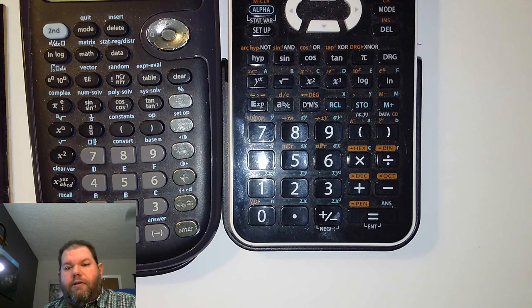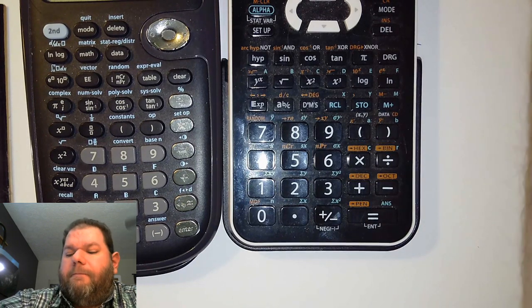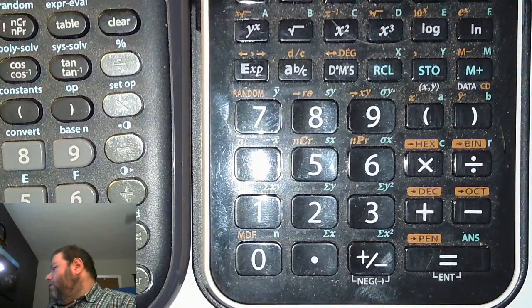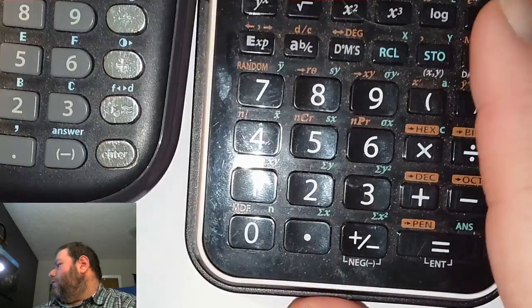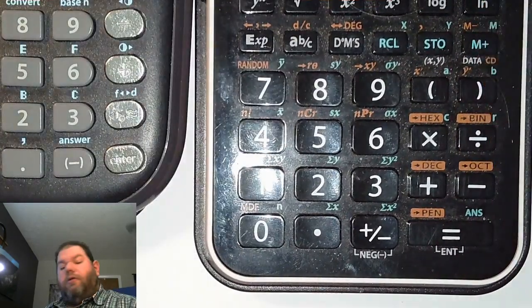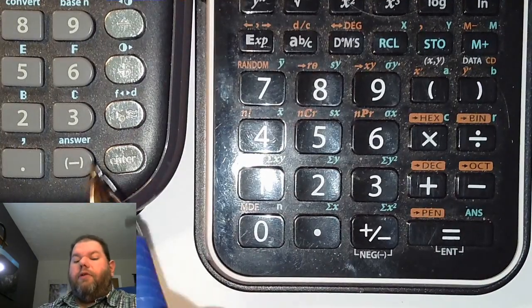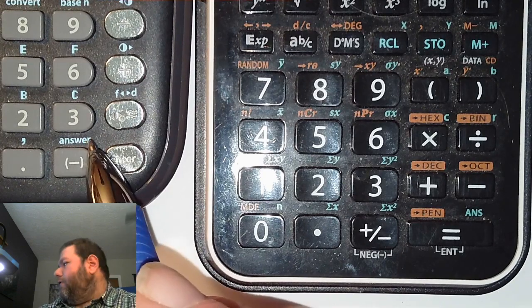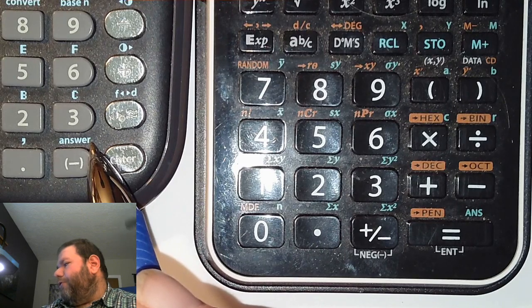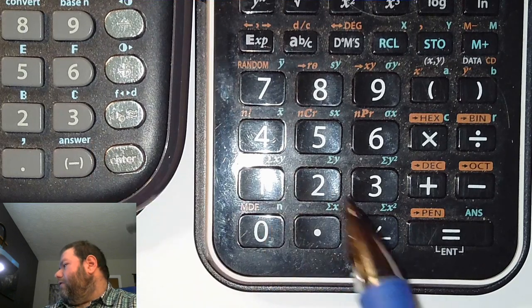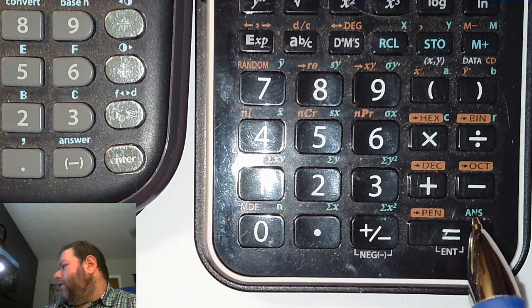Nothing like that? So right above our negative button, we have an answer here. Only know the multi-line calculator. Oh. And ANS here.